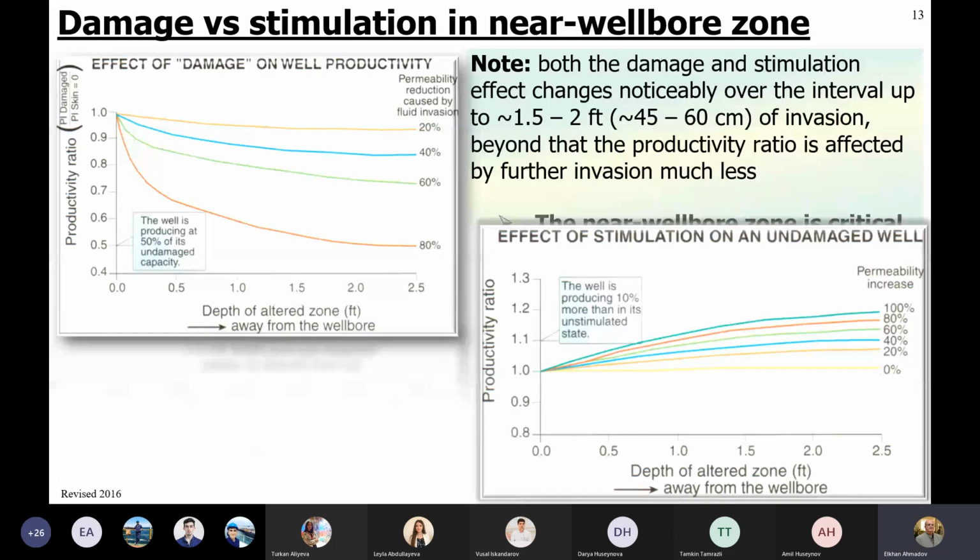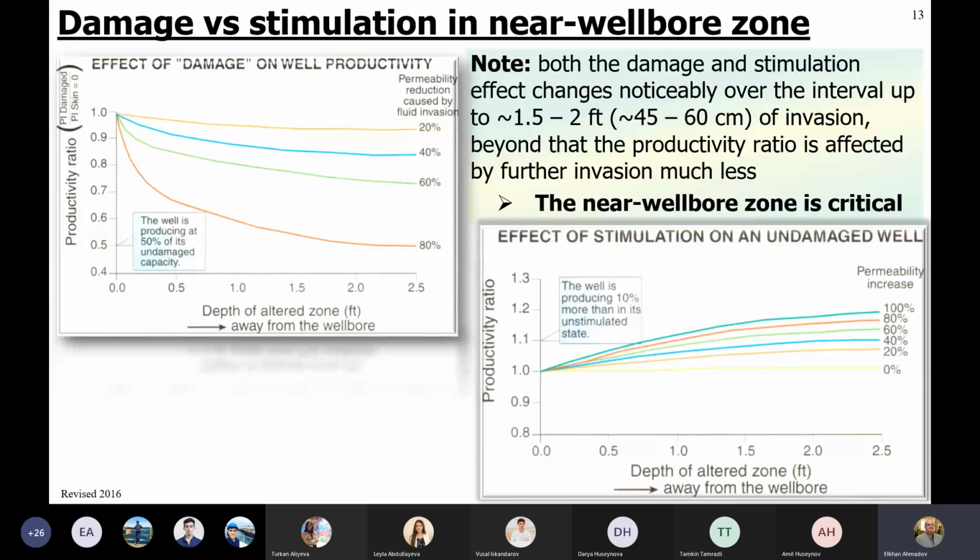Okay, so again, as we talked from the beginning, from the last semester, when we were considering the near wellbore performance or well performance, the near wellbore zone is very critical.